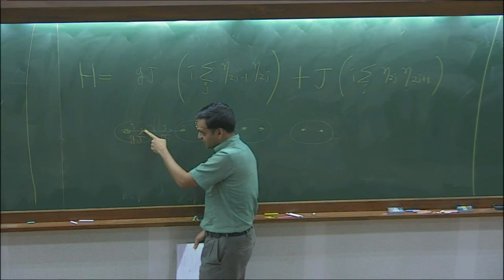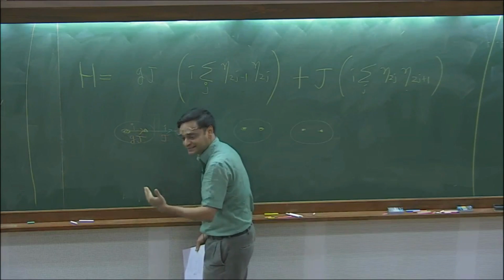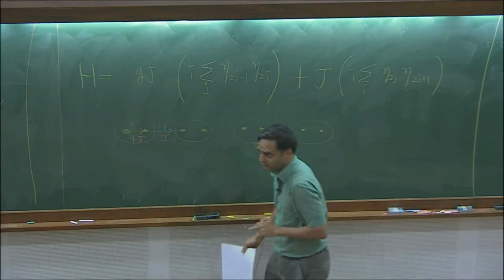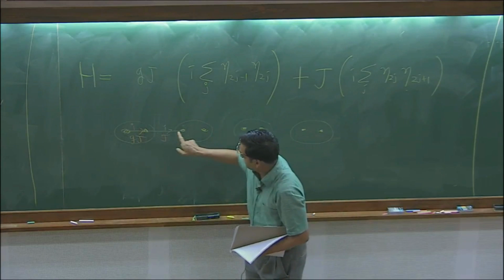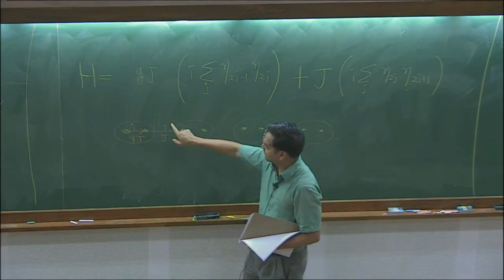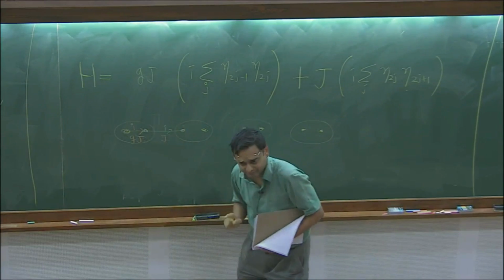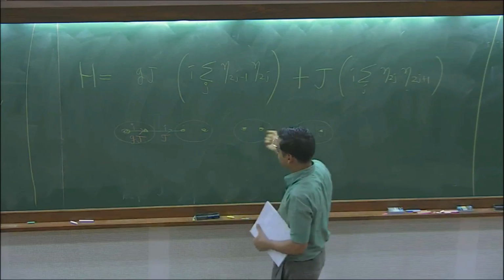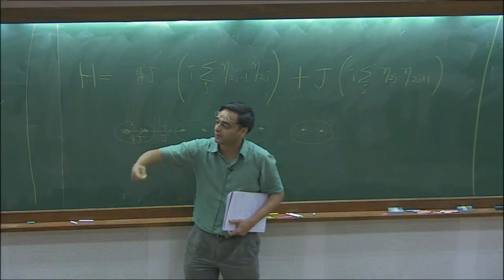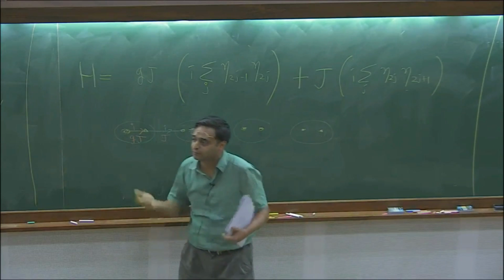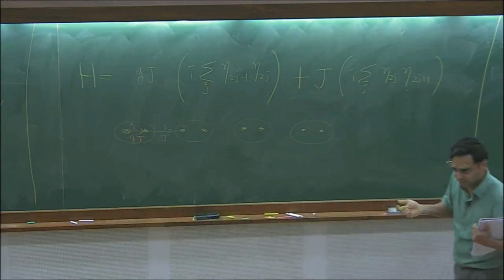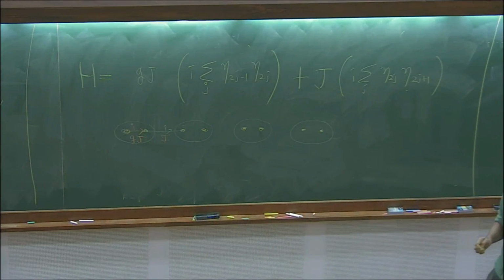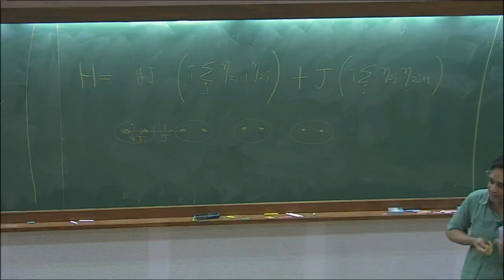And of course, if it was here, it would hop back with amplitude minus i times Gj. And this, on the other hand, would hop forward with i times J and backwards like that. So this would define a hopping problem for a single particle on a one-dimensional lattice. It would be a version of the tight binding model. And you can work out all the single particle energy levels of this tight binding model.